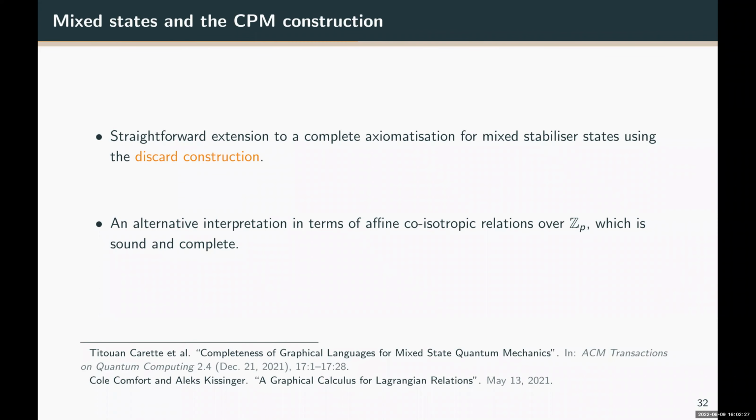And we show that then our calculus is universal and complete for mixed stabilizer states.